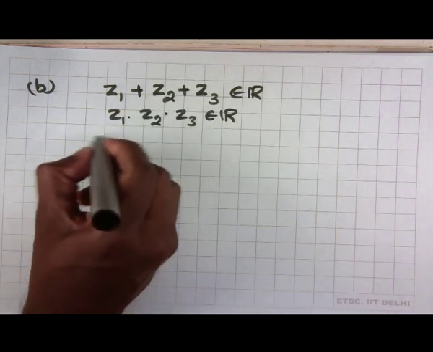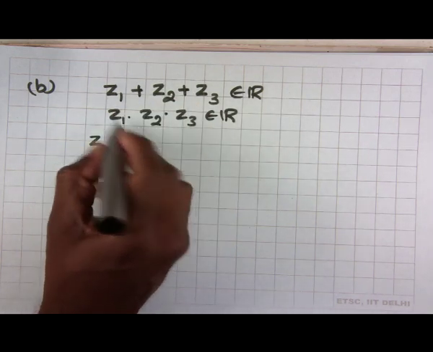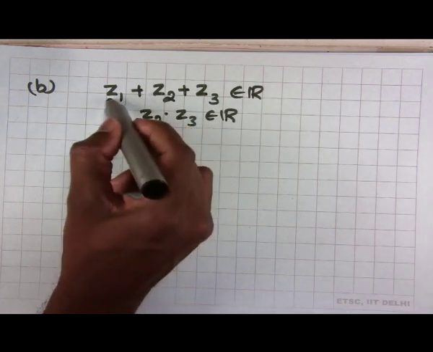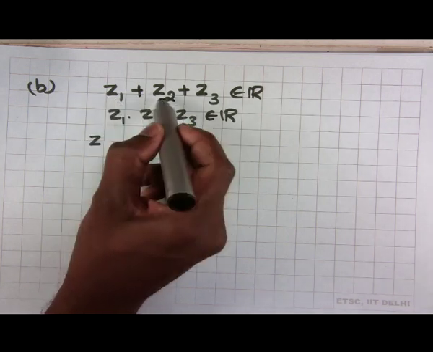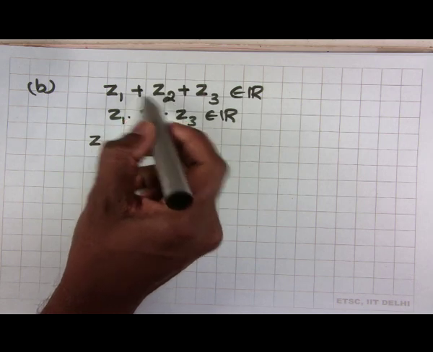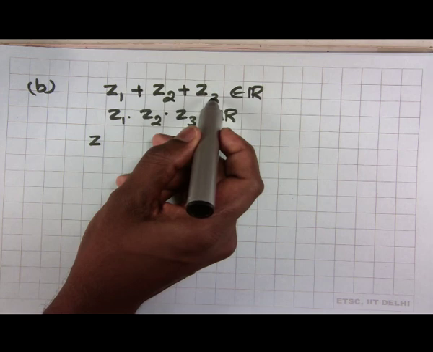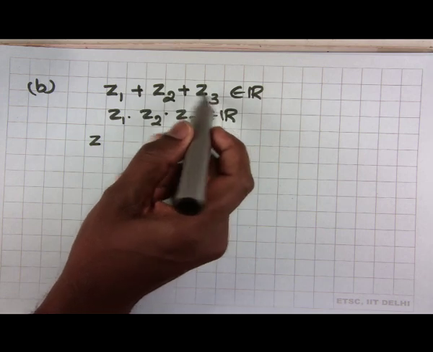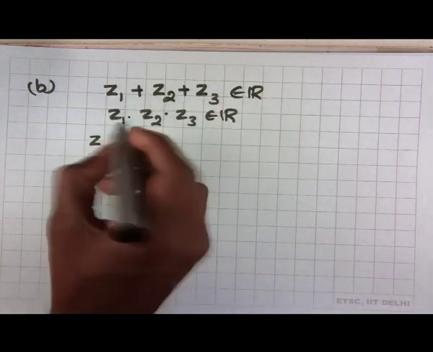So, here what we can do is we can make a choice. Once you have a Z1, we can take Z2 as its conjugate, then their sum becomes a real number. So, Z3 we can leave as a real number, then this is possible.